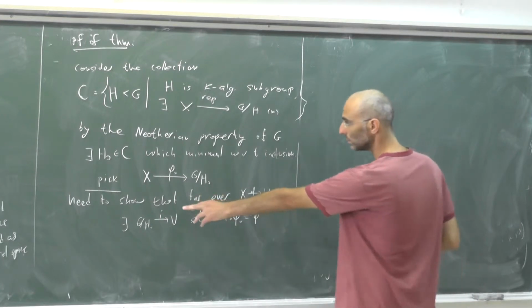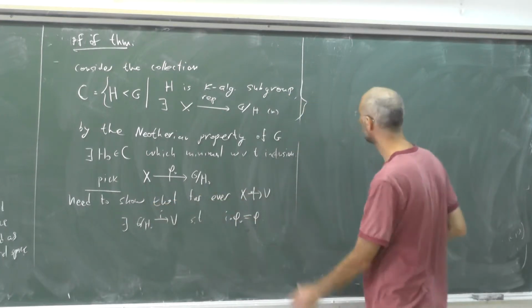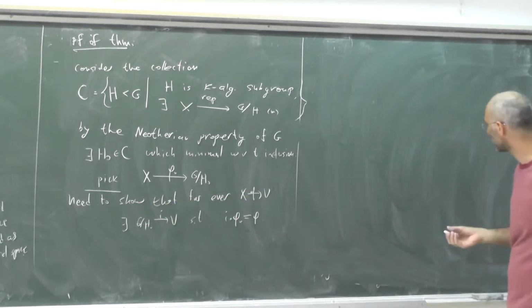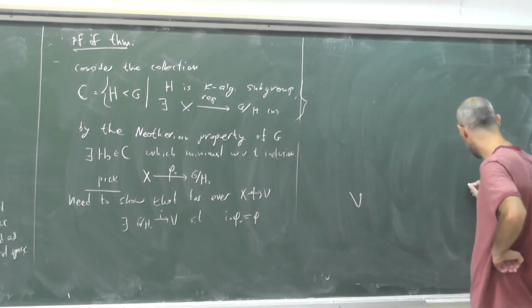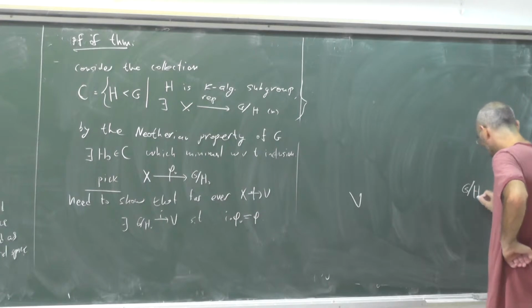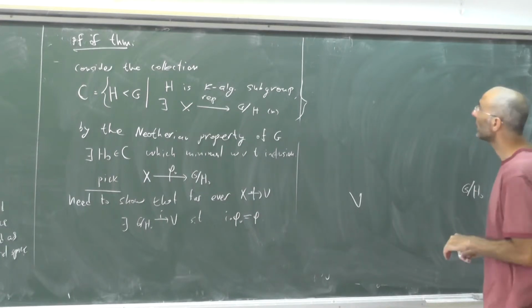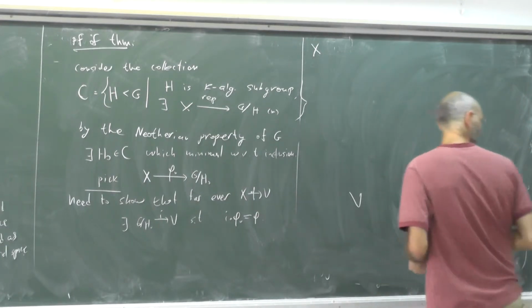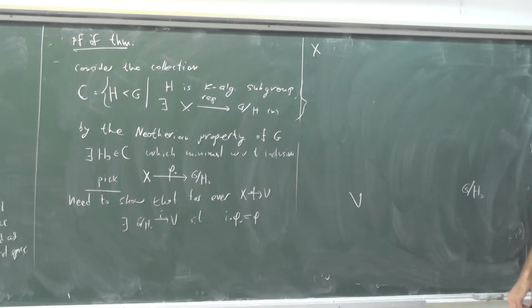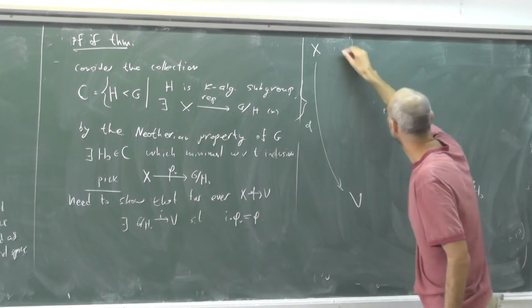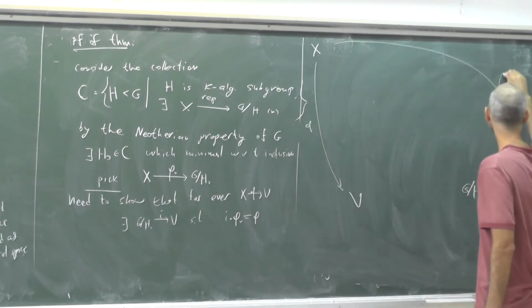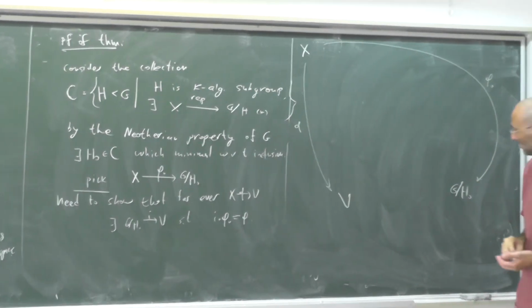So, okay, now I'm showing this, and I'll show it by drawing these diagrams. I will have G mod H0 here. I have V, and I have X somewhere here, and I have the green one. I have this map phi, and that one, phi 0.